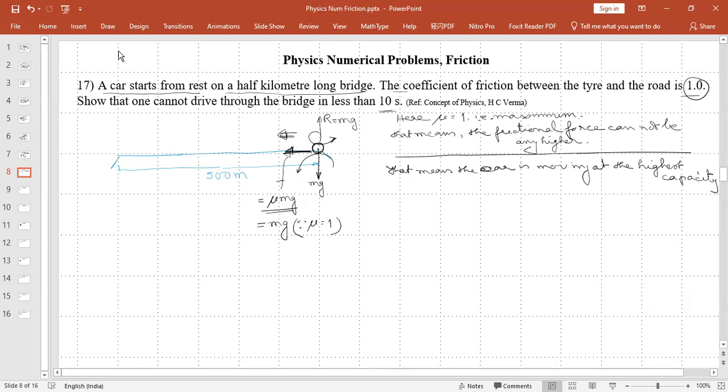It cannot move any faster. So this is mg.